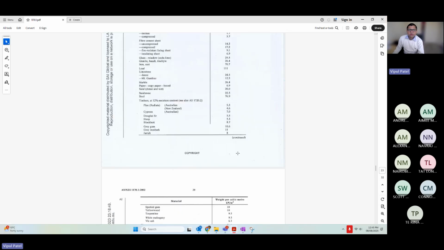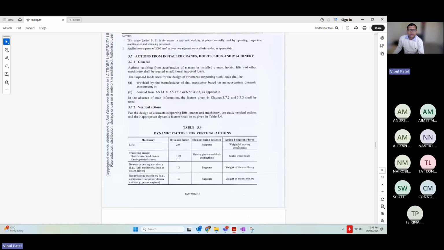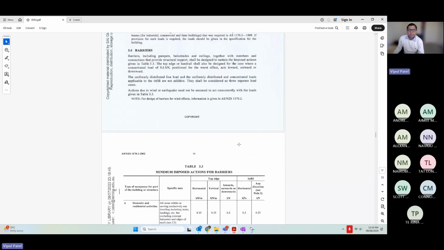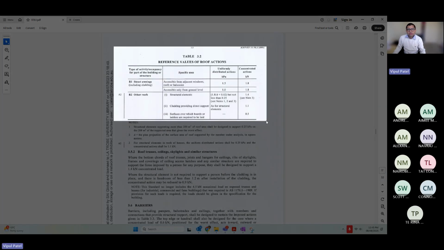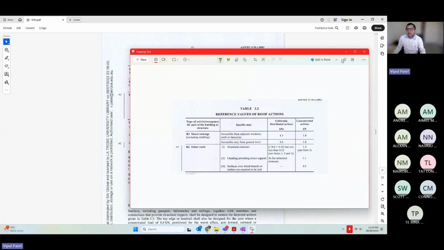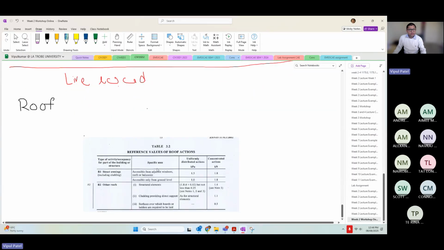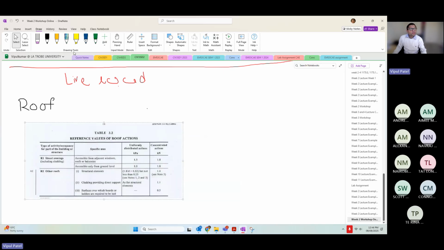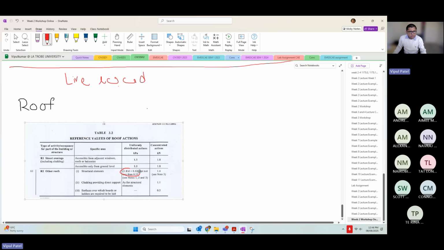In here we go to AS1170.1, and here it is, table 3.2. That will be the useful one for the live load, and that is your table 3.2. So that is your roof. Now the roof that we are talking about, that's the pressure coming onto the roof due to live load.